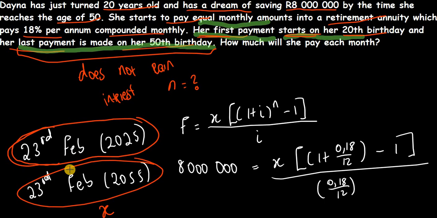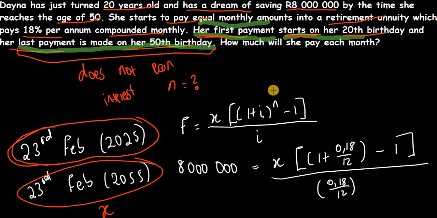This shows you that there was an immediate payment. The first payment was immediate. There was no gap given. She didn't say that if her birthday is on the 23rd, she will start paying in March. No, she started to pay on the same day. And we know once there is an immediate payment, it adds an extra payment.